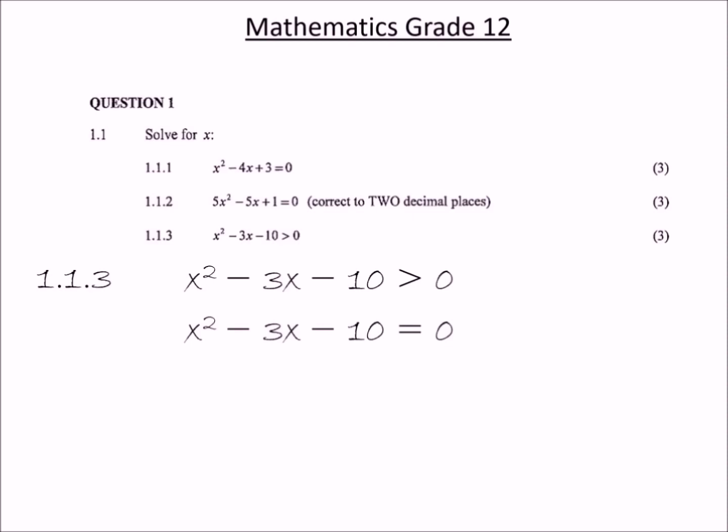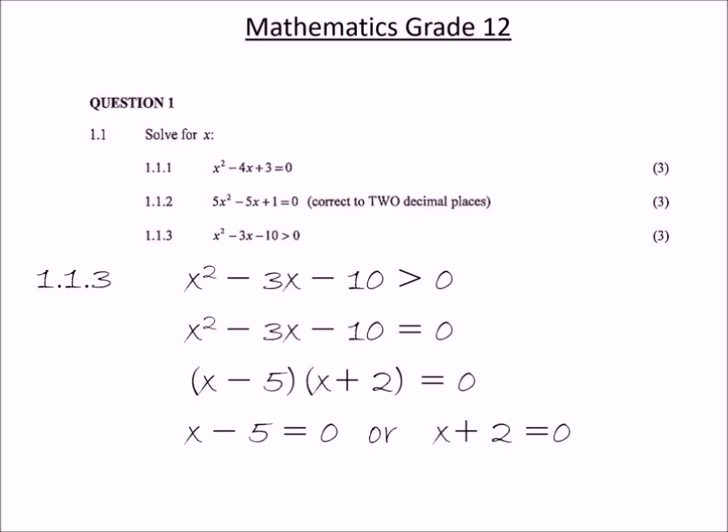The factors of 10 that will give us the original quadratic equation are x minus 5 and x plus 2. Set factors equal to 0. Then we get x is equal to 5, or x is equal to minus 2. Now, we can put back the inequality.